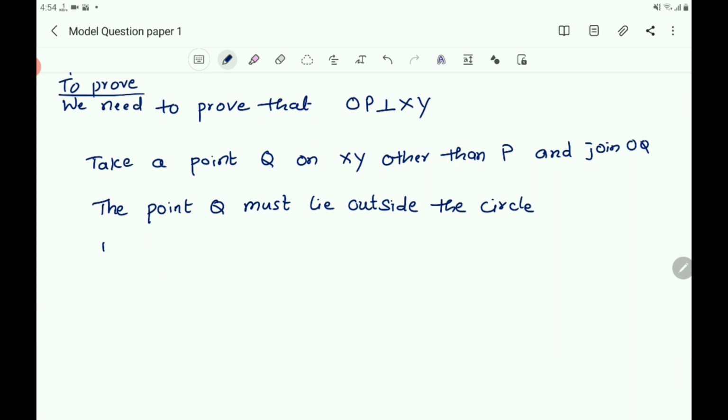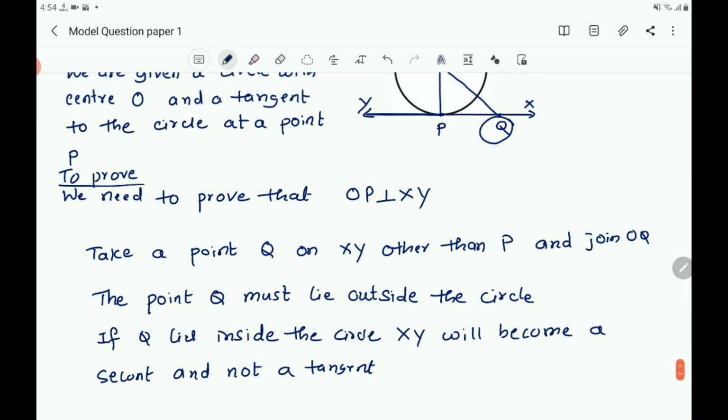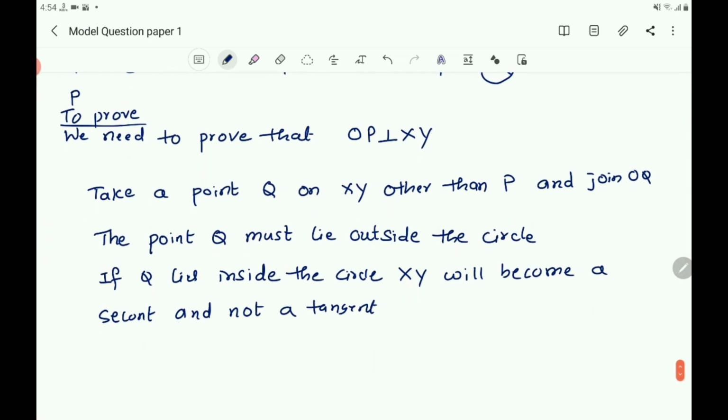If Q lies inside the circle or on the circle, XY will become a secant, and not a tangent. But we know that it is a tangent. As it is a tangent, Q must lie outside the circle.